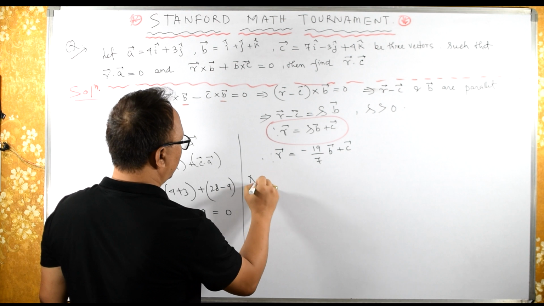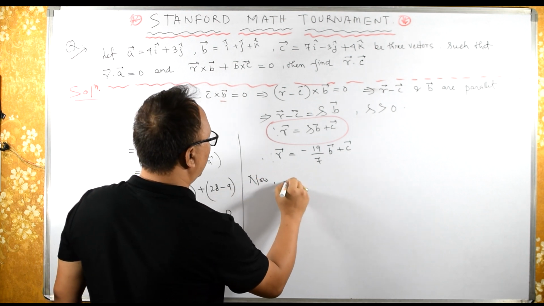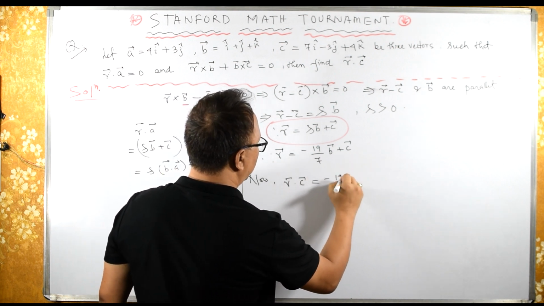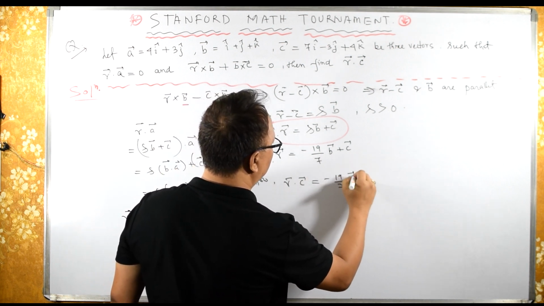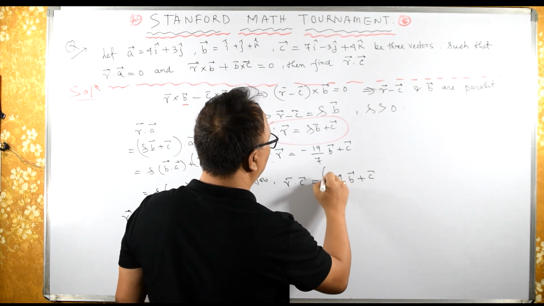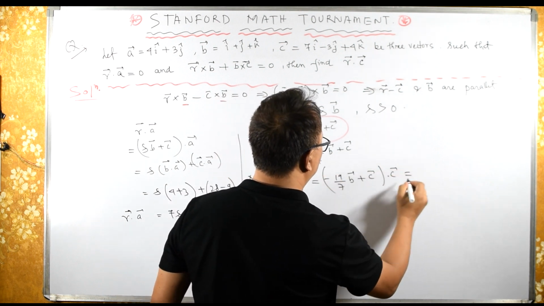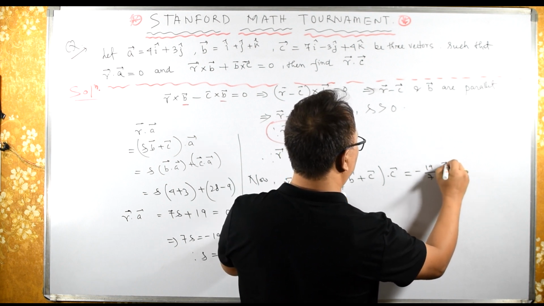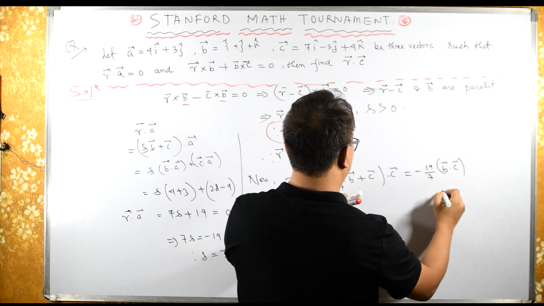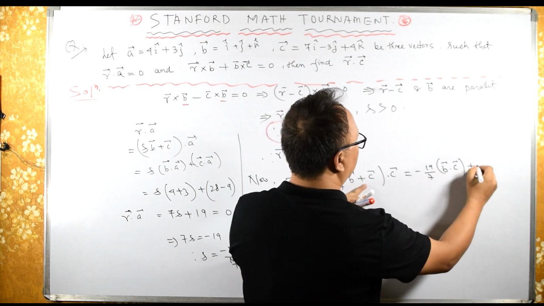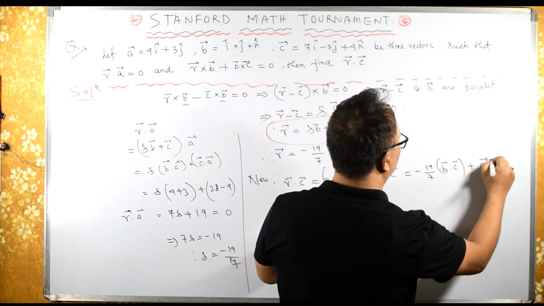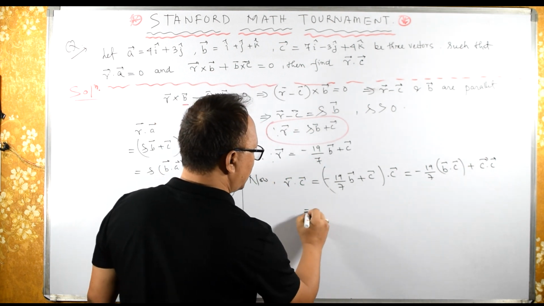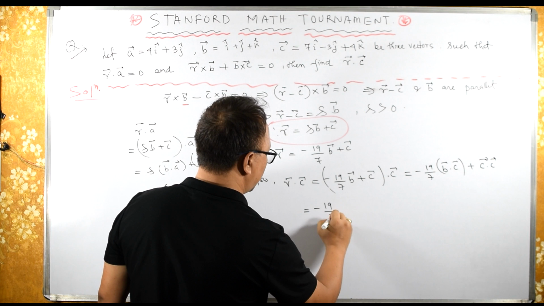Therefore, now r dot C is equal to (minus 19 by 7 B vector plus C vector) dot C vector, which equals minus 19 by 7 B dot C plus C dot C, or you can say modulus of C the whole square. Therefore, this is the same as minus 19 by 7.